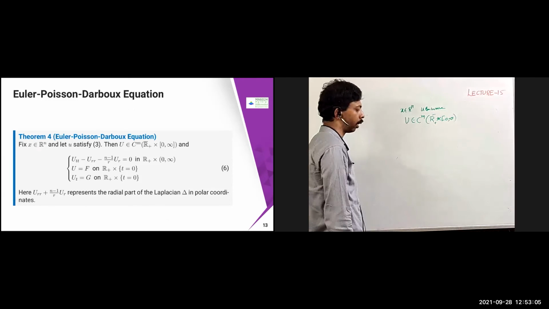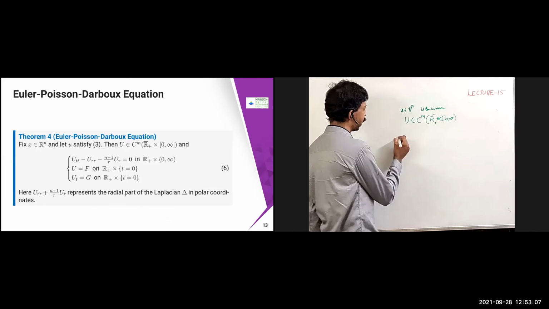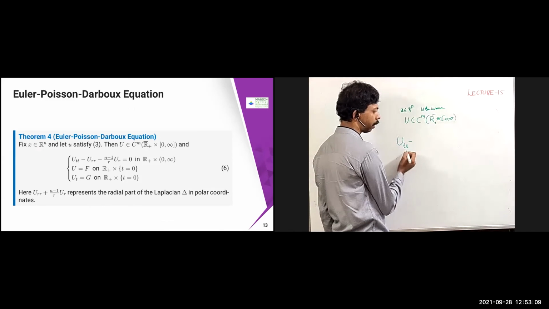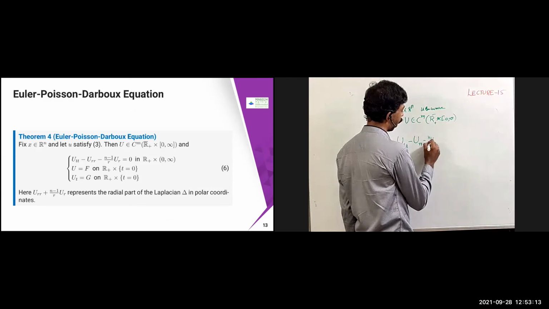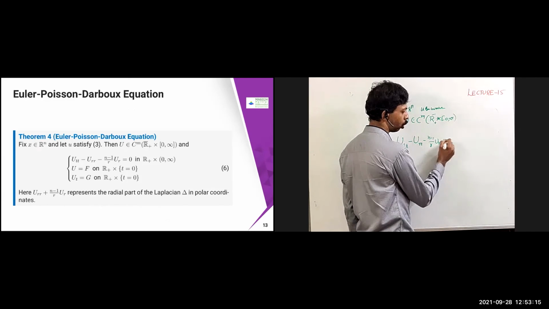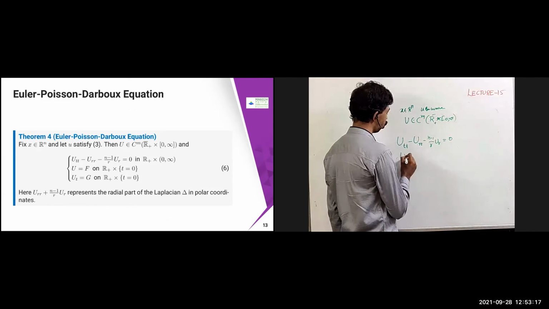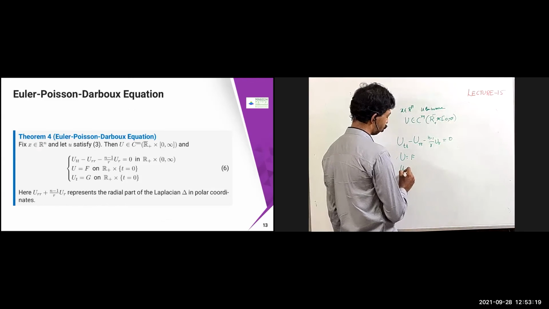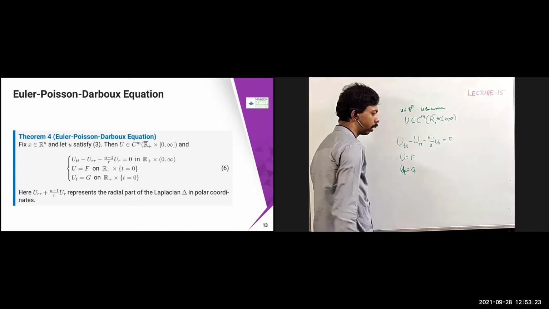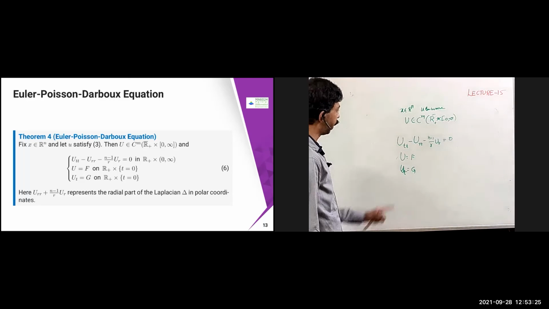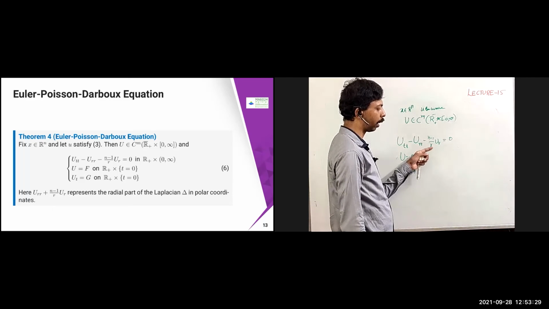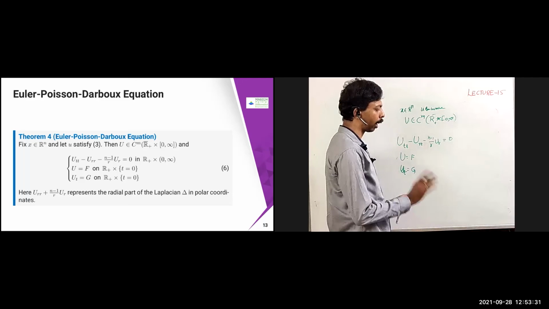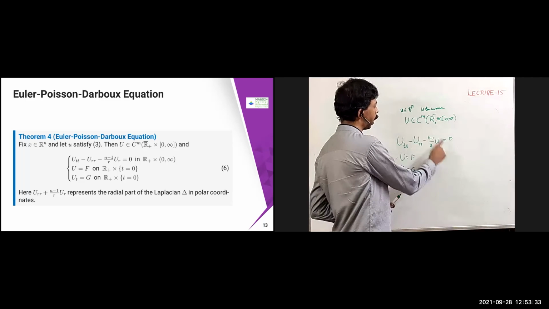In this domain, U_tt minus U_rr minus (n minus 1) by r into U_r equals 0, with U equal to f and U_t equal to g. Here U_rr plus (n minus 1) by r U_r represents the radial part of the Laplacian del in polar coordinates.